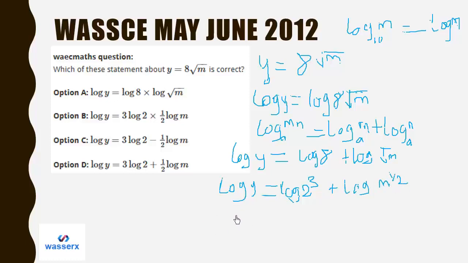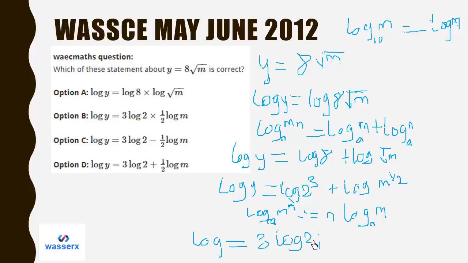So we now use the property which says that log to base a of m to the power n is equal to n log a of m. So this will give us log y to be equal to 3 log 2 plus 1 over 2 log m. So the result is D.